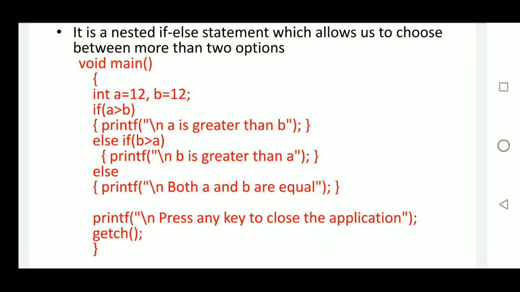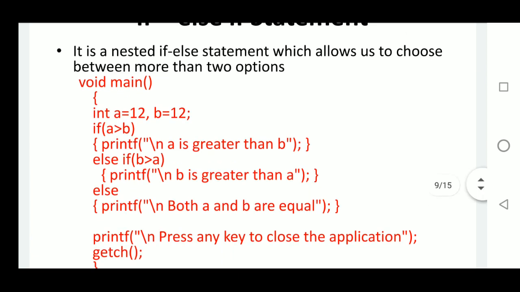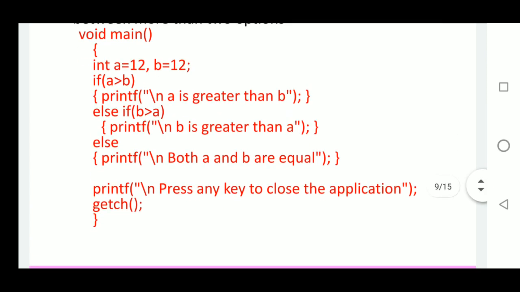If we want more conditions, between if and else we can define multiple else if conditions. You have to define the if part and the else if part, and you can define more than one else if part. So if and else are fixed, but else if can be multiple depending on the conditions.